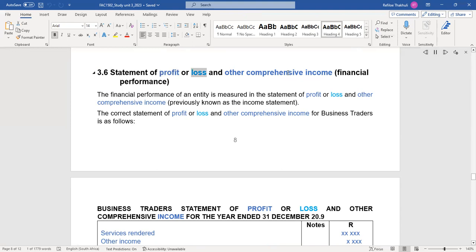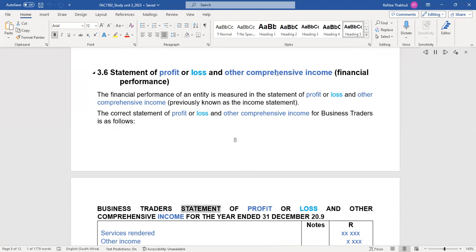Statement of Profit or Loss and Other Comprehensive Income, Financial Performance. The financial performance of an entity is measured in the statement of profit or loss and other comprehensive income, previously known as the income statement. The correct statement of profit or loss and other comprehensive income for business traders is as follows.